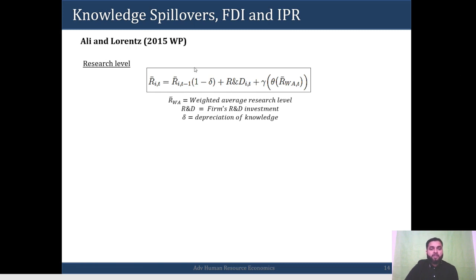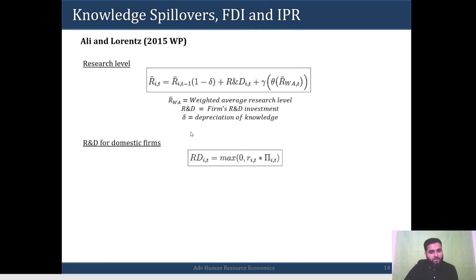Okay, this is research level from the last period, plus the research and development that you're doing right now, your internal research and development, plus this is the weighted average of the research that has been done outside of the boundaries of the firm. So this is for the entire industry. Weighted average of the research level inside the entire industry, how much of it can be spilled over, and how much of that whole thing can be absorbed based on the absorptive capacity of the firm. So this whole thing is the share of knowledge that can be absorbed by the firm from the external sources.